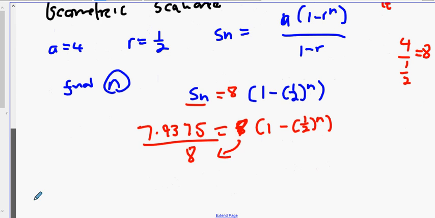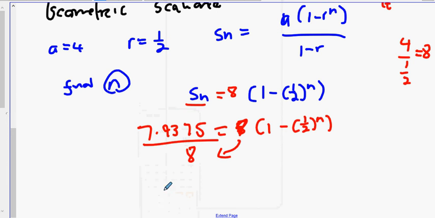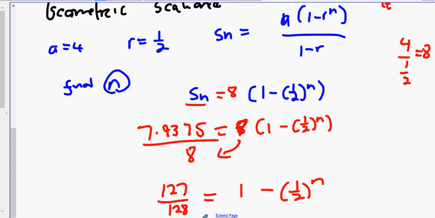Divide by 8. So 7.9375 divided by 8 is 127 over 128.